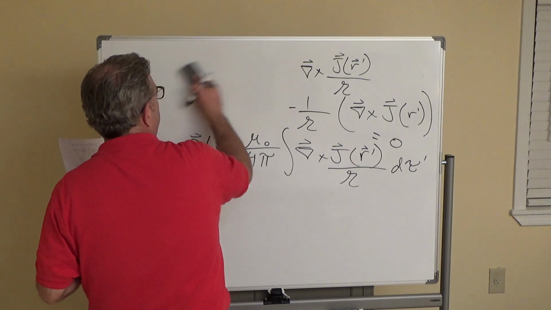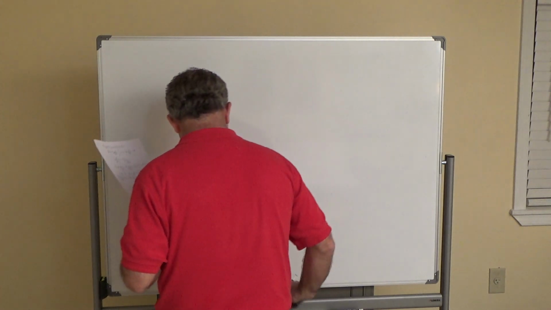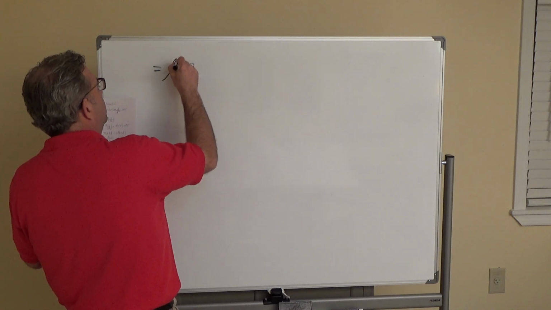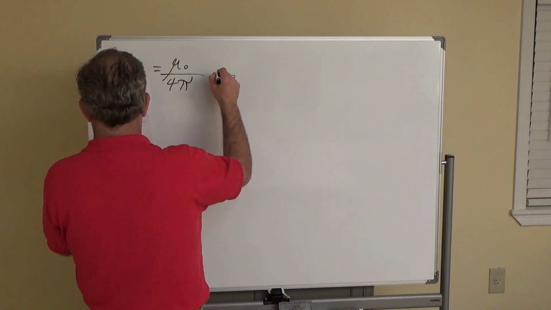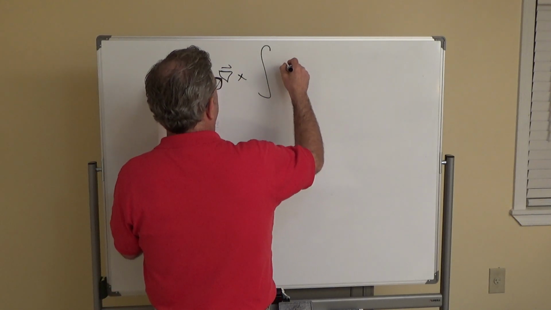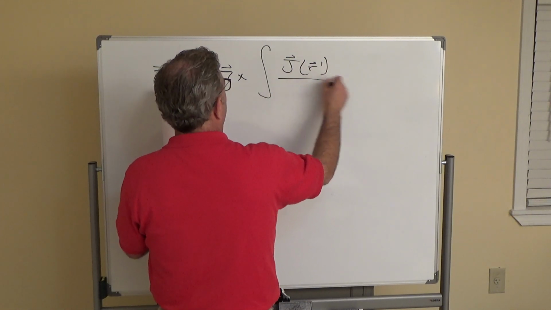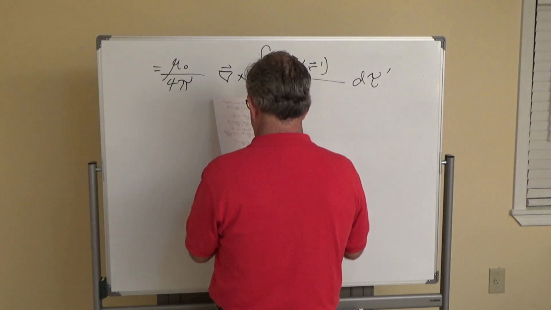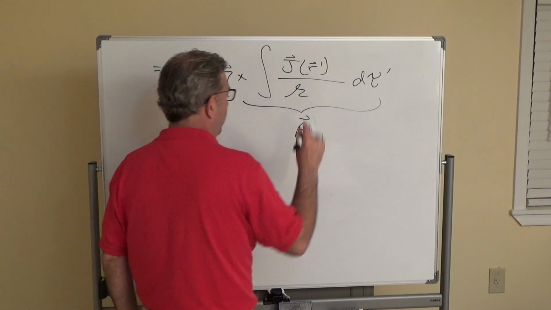And you get that this is equal to mu naught over 4 pi times del cross the integral of J of r prime over script r d tau prime. Okay? This is what we call A.